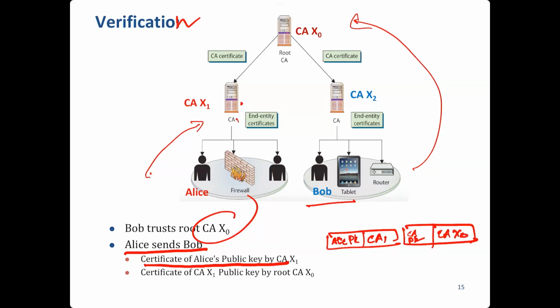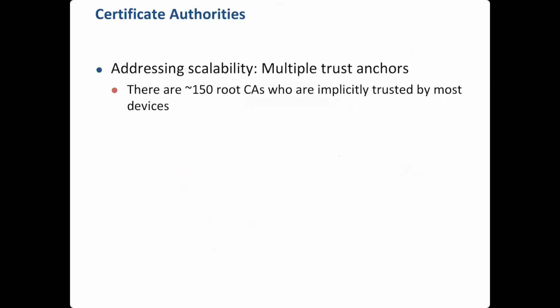Now Bob says, Bob trusts this, so I will now trust Alice's public key. All right.